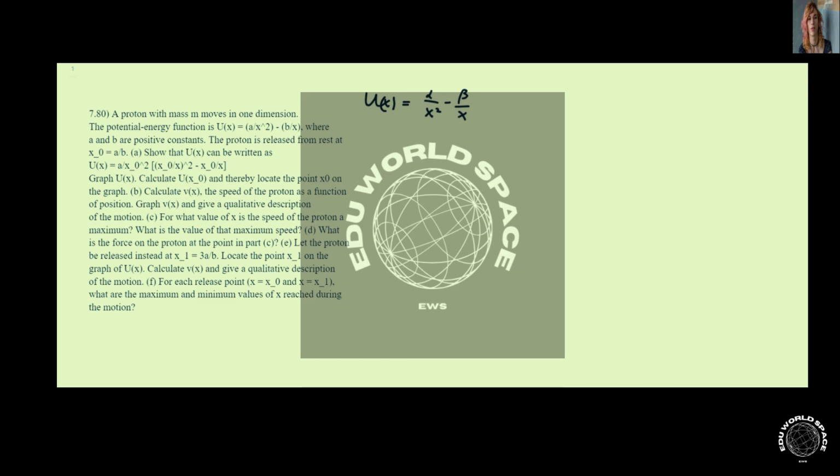What I'm going to do is multiply each term by the same thing, alpha over x naught squared times x naught squared over alpha. So this quantity is equal to 1. I'm going to multiply that by each of them.